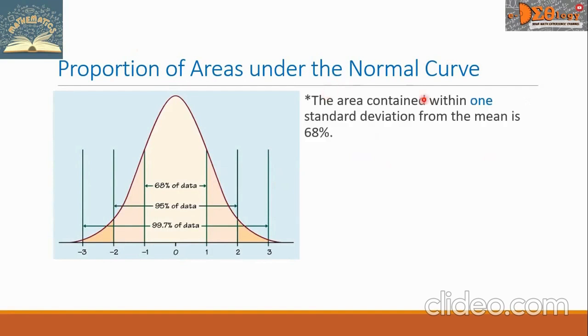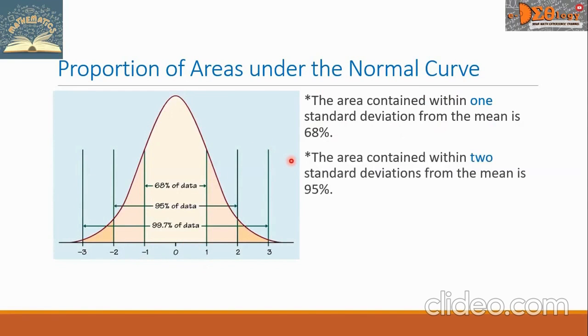The area contained within one standard deviation from the mean is 68%. Thus, from negative 1 to positive 1, that is the 68% of the area. The area contained within 2 standard deviations from the mean is 95%.